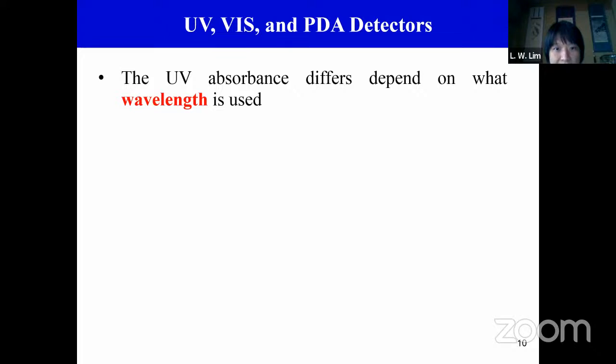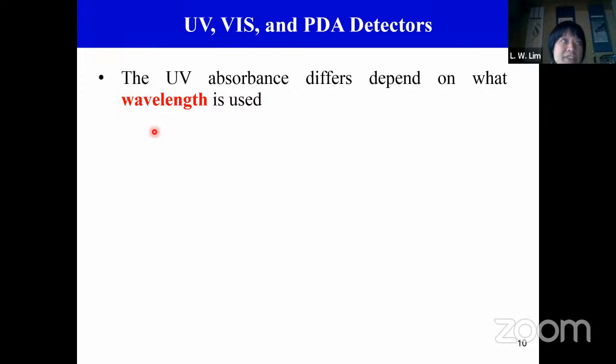Okay, I know it's difficult. I hope the question is answered, right? Another thing when you set a UV detector, the important thing to set is the wavelength.